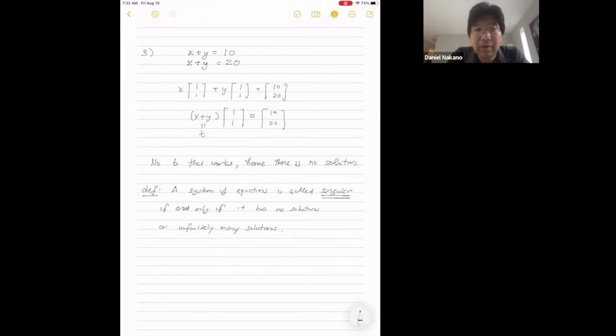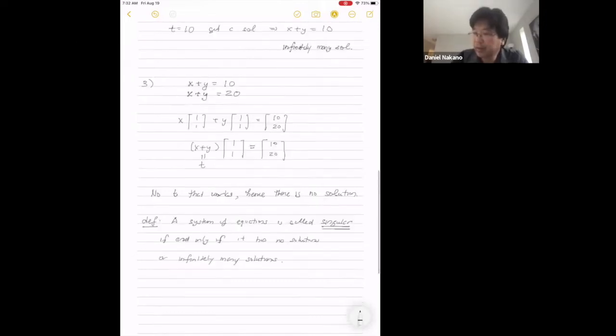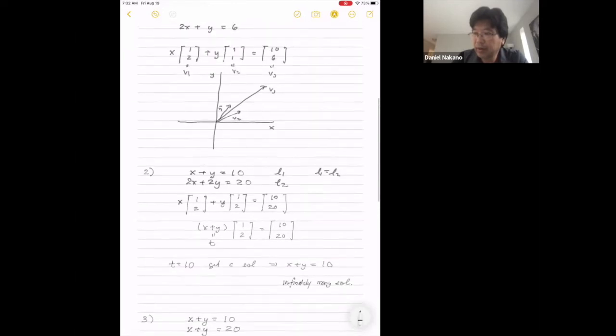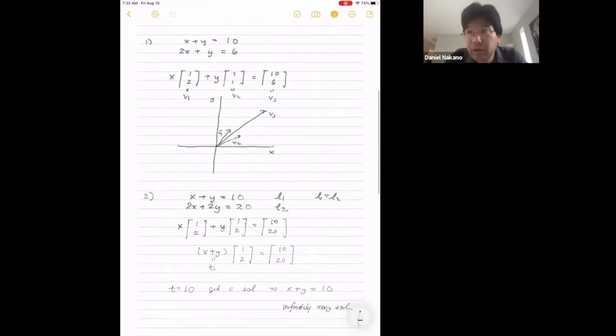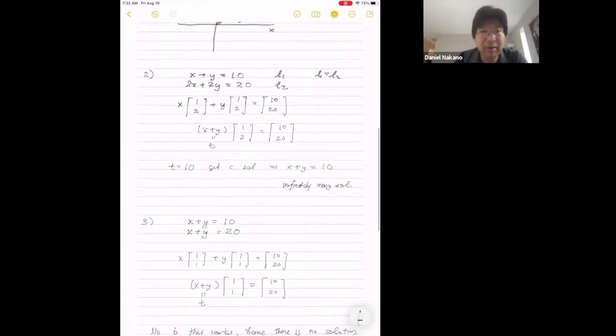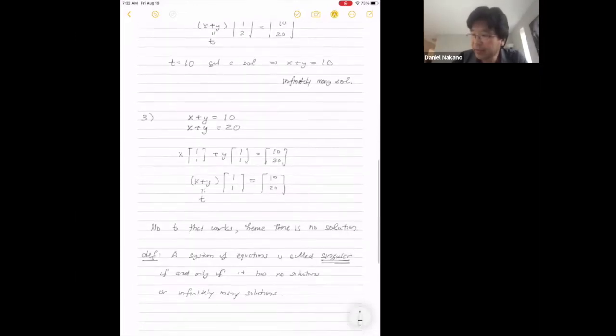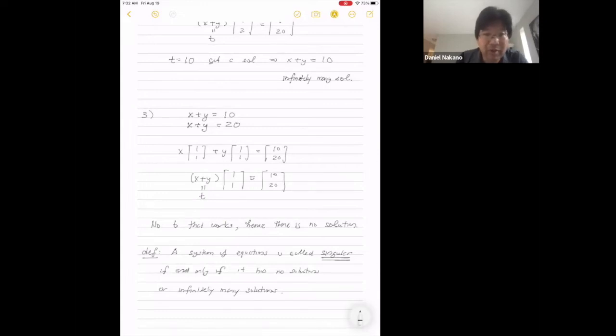All right, so we could look at these cases again and note that in case one, we only have one solution. In case two, we have infinitely many solutions. In case three, we have no solution.